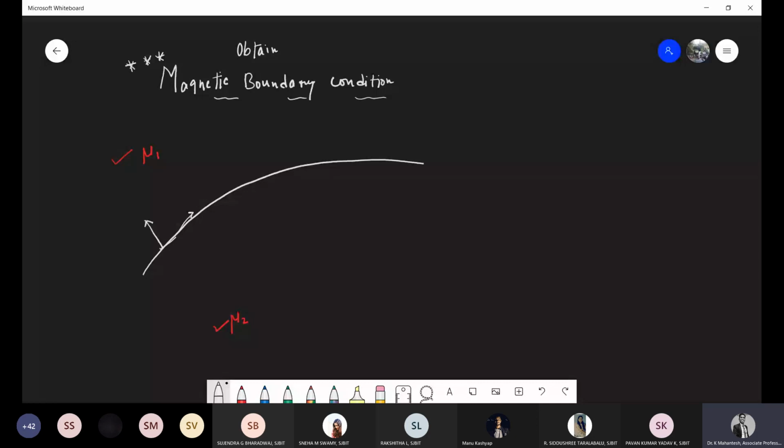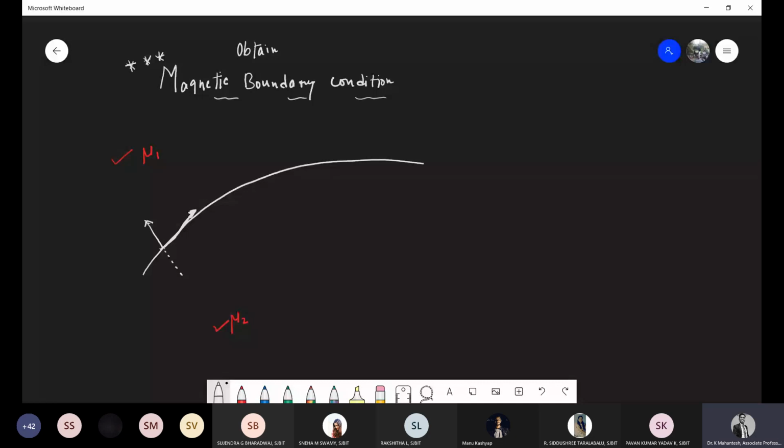I just want to measure these two things: what happens on the boundary, and what happens to the magnetic field if you enter from mu2 to mu1.